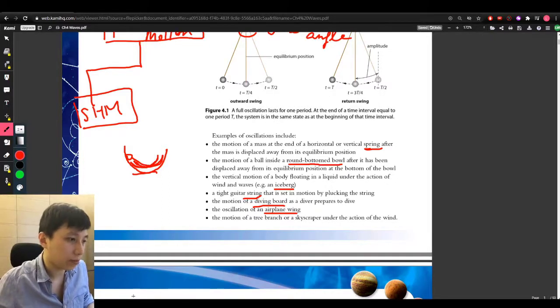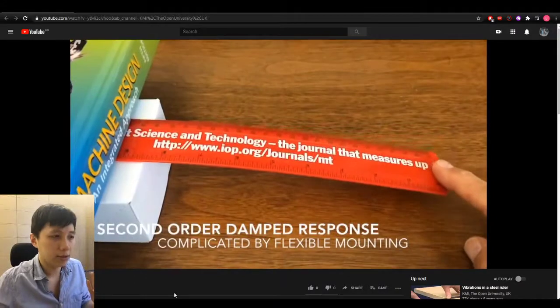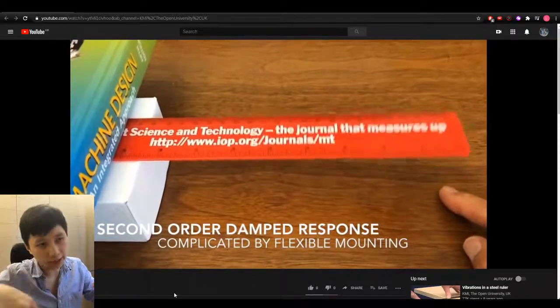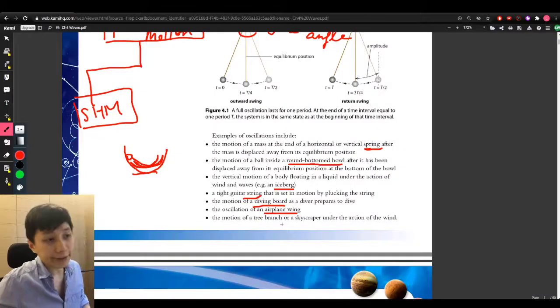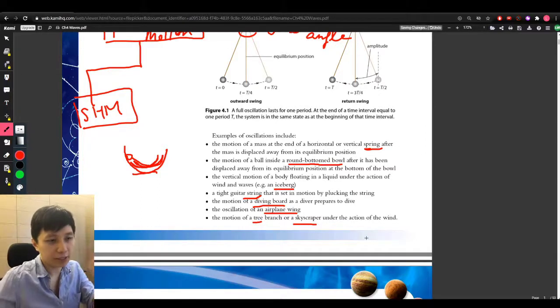I can't find a proper video on that, but you can also simply model it as a ruler that you pluck and then it will oscillate as well. And lastly, it could be the tree or skyscraper that is vibrating under the action of wind.